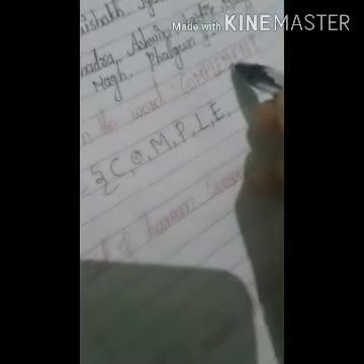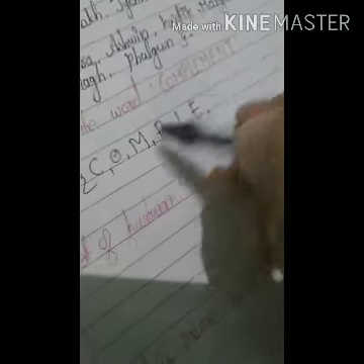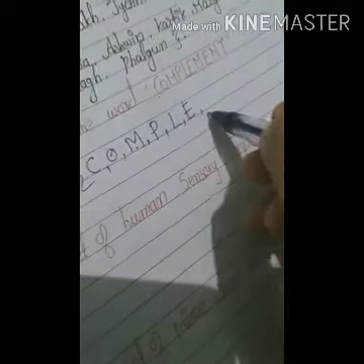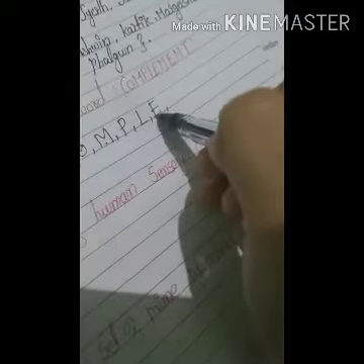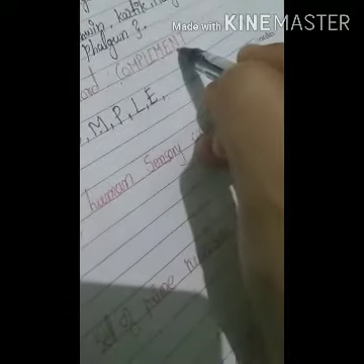First we write C, O, M, P, L, E. After E comes M, but M we have already written here, so we will not repeat. E, also already written, again we will not repeat. Next letter is N. Last one is T. Close the curly bracket.